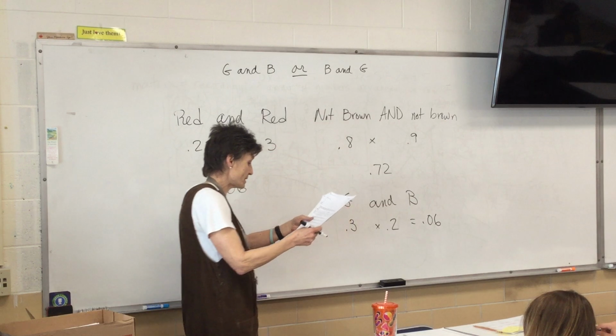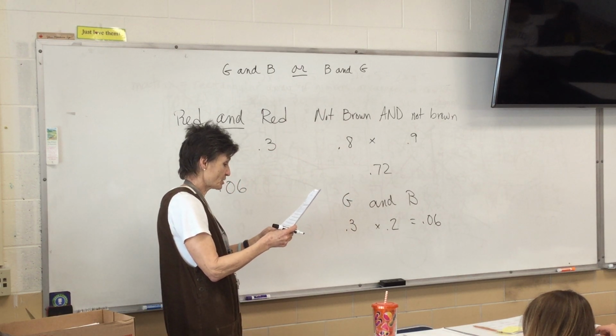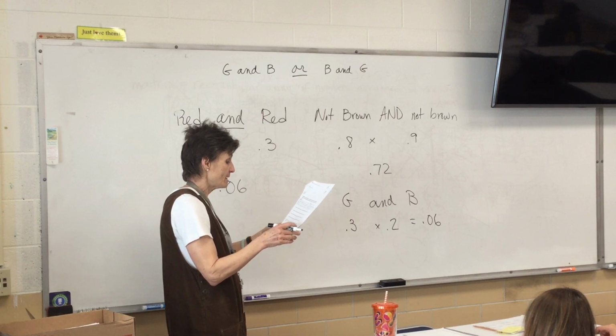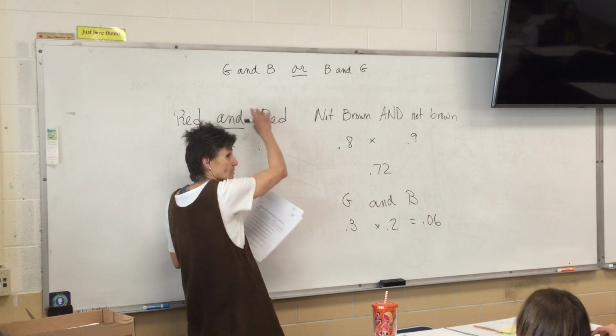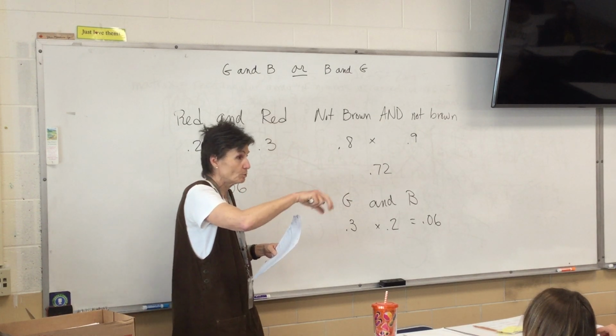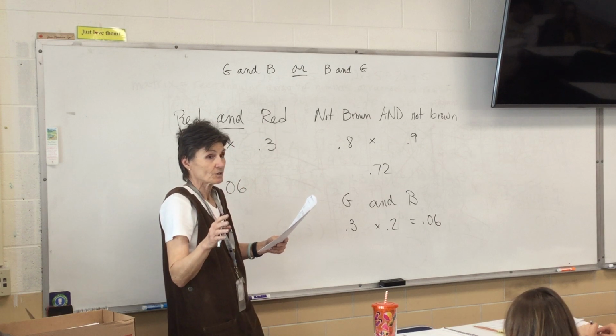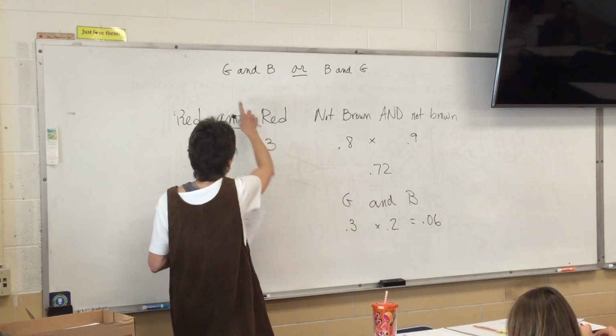Read question F carefully. Is this what it says to you? I could get a green one and then a blue one, or I could get a blue one and then a green one. Because I just want to end up with one of each. Well, this we already did.